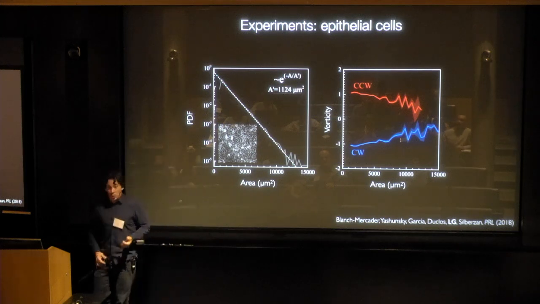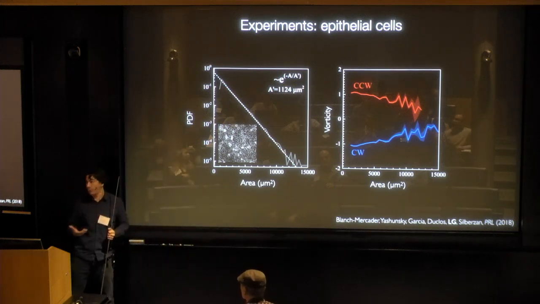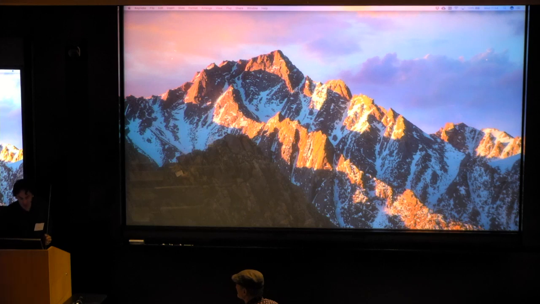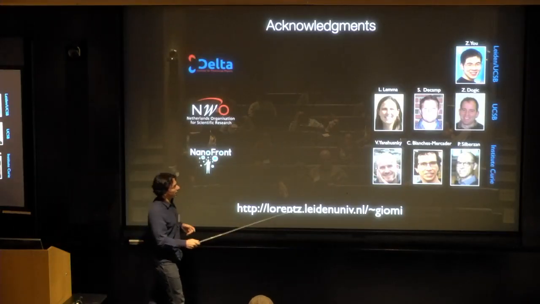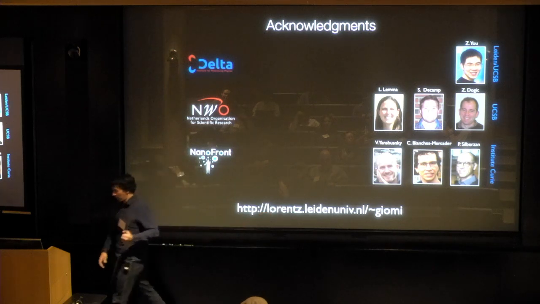So this seems to be really a universal feature in the traditional sense of active turbulence. I could speculate about the origin of this exponential distribution, but it's so simple that I won't do it. Instead, I would like to thank my experimental collaborators, who have done a tremendous amount of work, and I'm really grateful for that, and of course you for your attention.